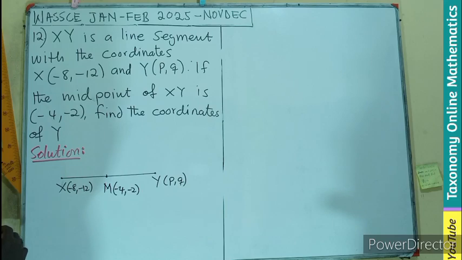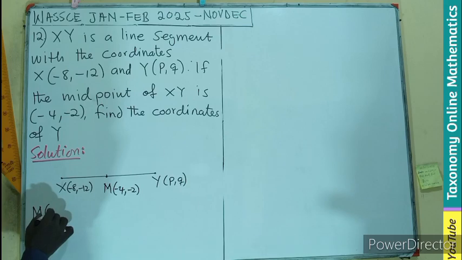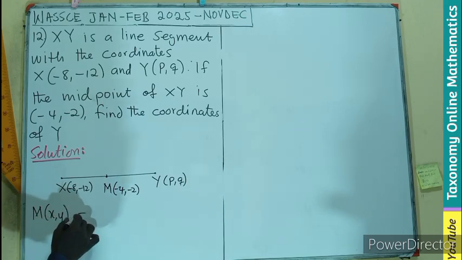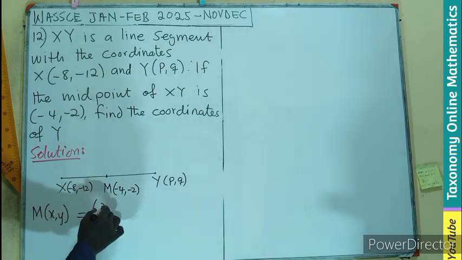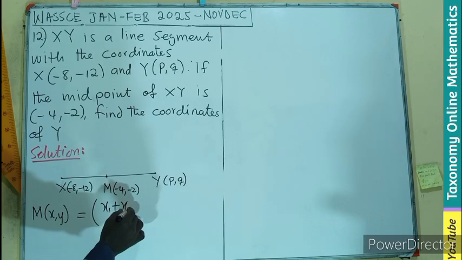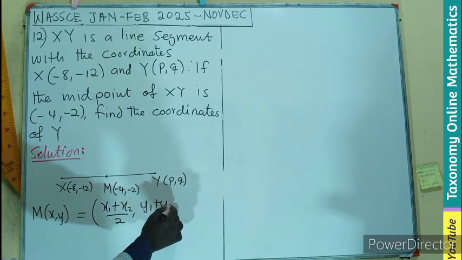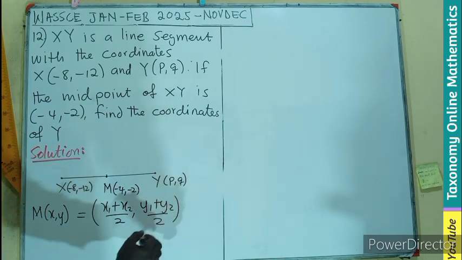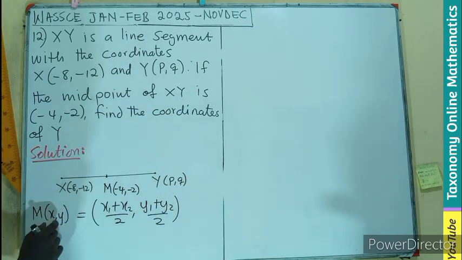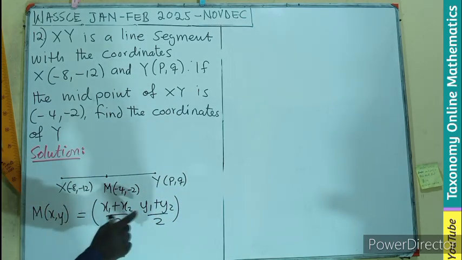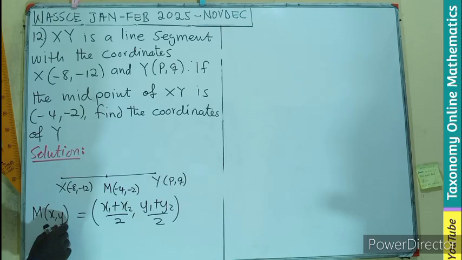Now if I want to find this, we know that midpoint is equal to (x1 plus x2 divided by 2, y1 plus y2 divided by 2), where this coordinate is the same as the x we are having here, and this is the same as the y.